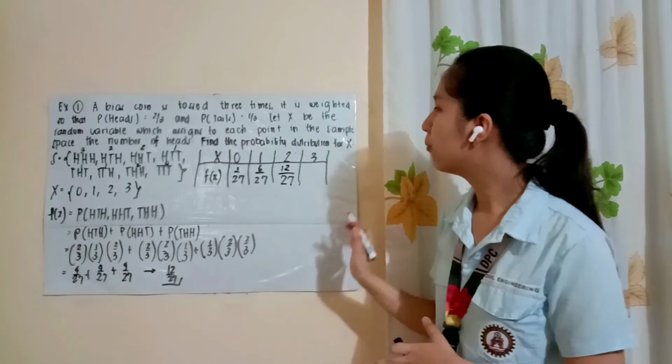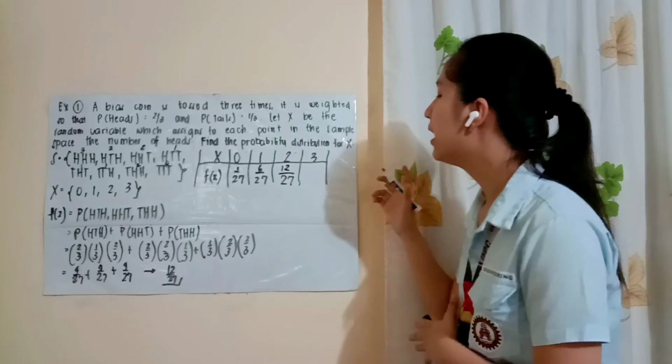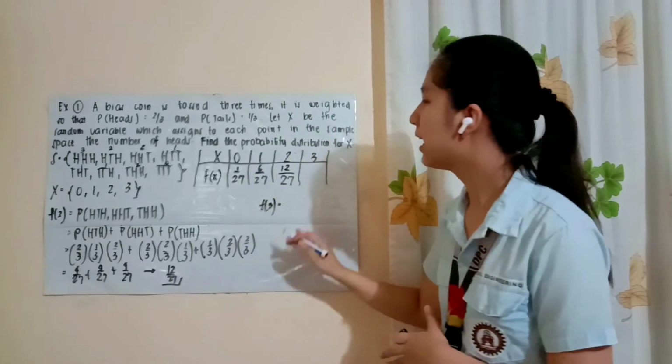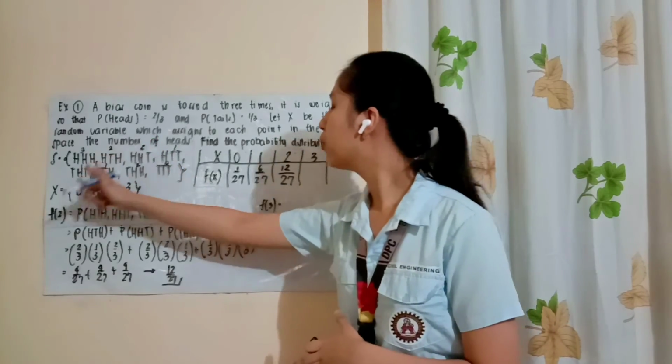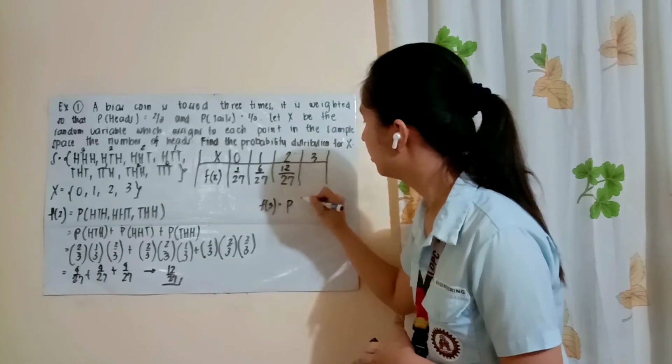Last, we have 3. So now we are at the probability of 3. For 3 heads, we get the probability of HHH.